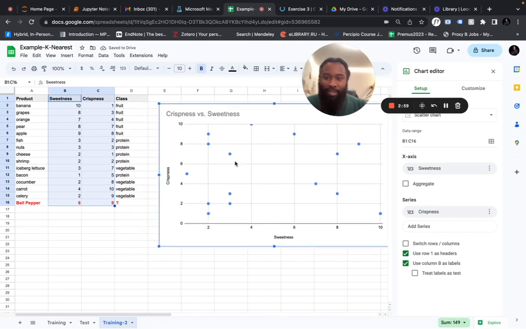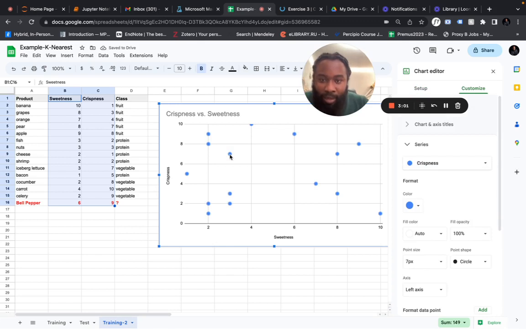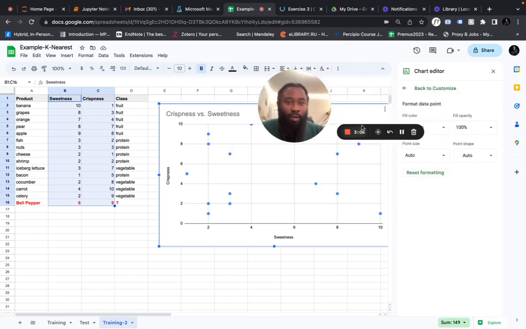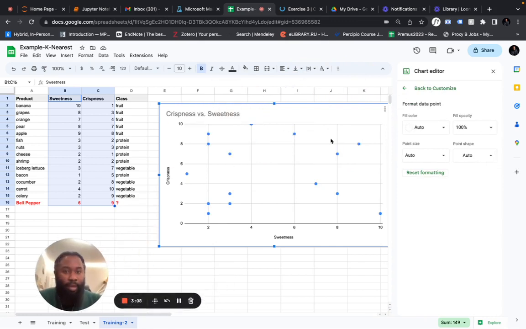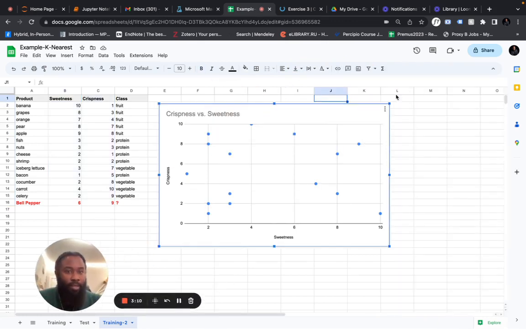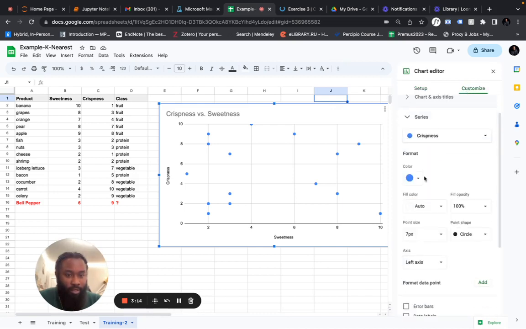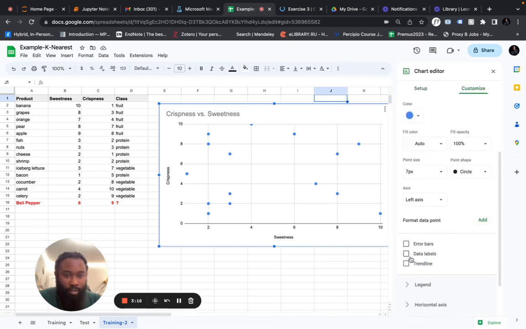So bananas, this is one object, this is another object. Let's customize this chart and set the series so you can see the labels, right?